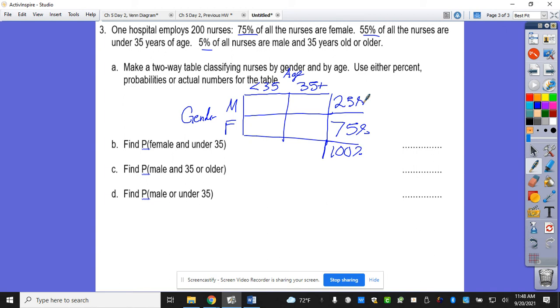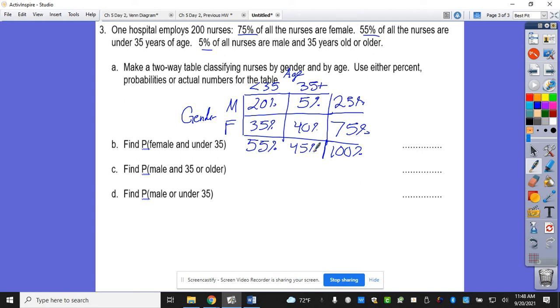The 55% are under 35, so that would be my total here. That's a marginal probability. And then 5% of them are male and 35 or older. Did I put that in the right place here? Yes. And then I just fill in my missing pieces from there. So this gives me 20%. This gives me 35%, 40%, 45%.